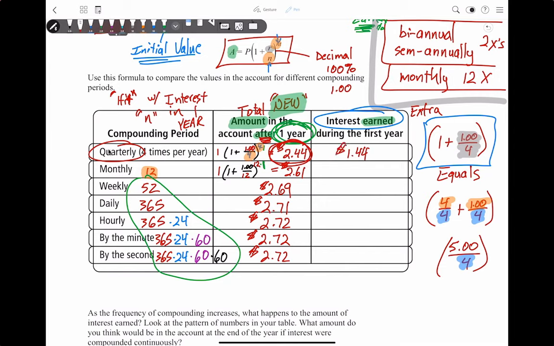And then we just keep doing that. 2.61 minus 1, because again, we're starting with $1. I made $1.61. Subtracting 1, I made $1.69. I made $1.71. I made $1.72, $1.72, and $1.72.